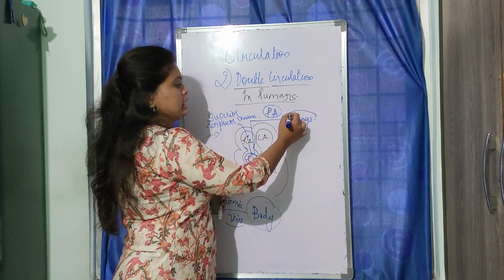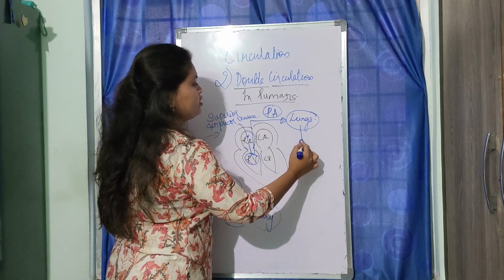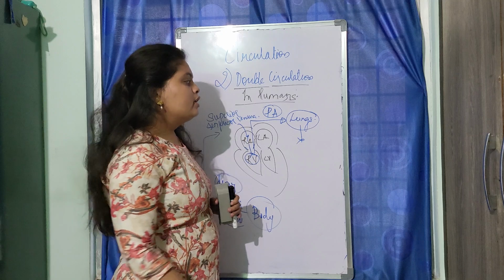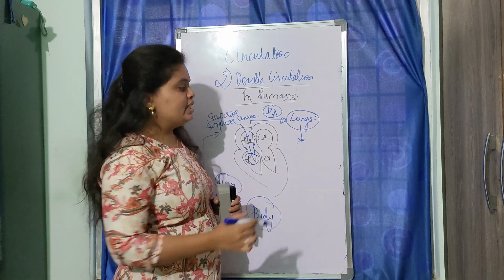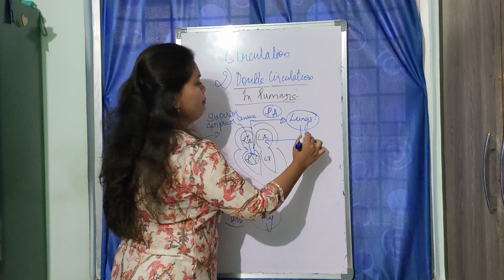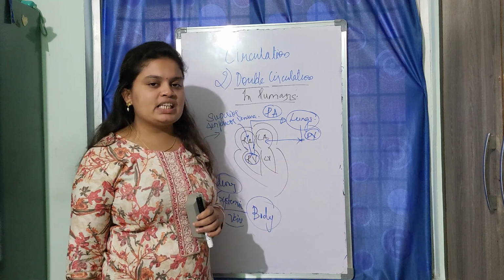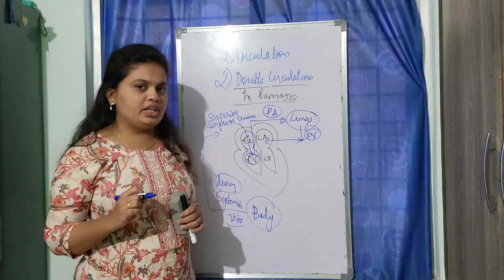In lungs, the oxygenation process occurs, and after that this oxygenated blood is sent back to the left atrium via pulmonary vein. Remember, pulmonary vein is the only exceptional vein which carries oxygenated blood.